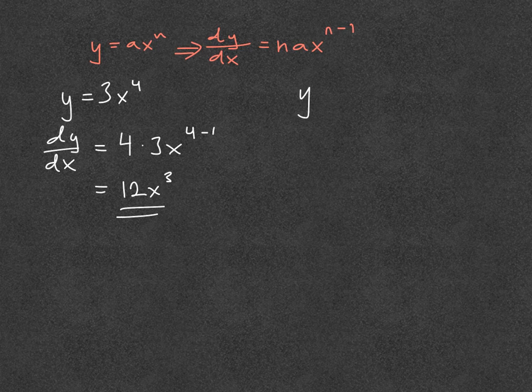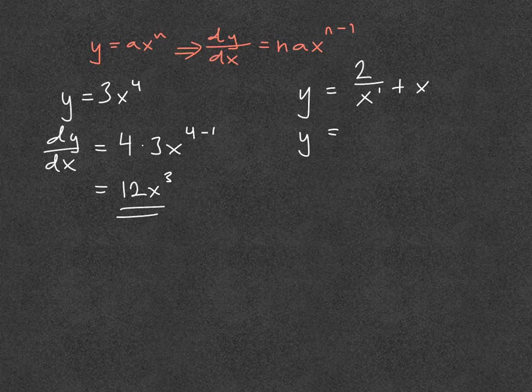Slightly more tricky example. Here we have y equals 2 divided by x plus x. So here we have to do a little bit of rewriting perhaps before we begin, because 2 divided by x is 2 divided by x to the power of 1, remember.